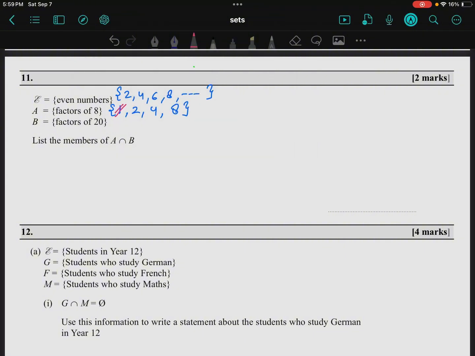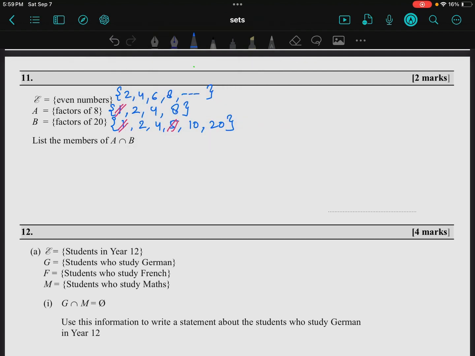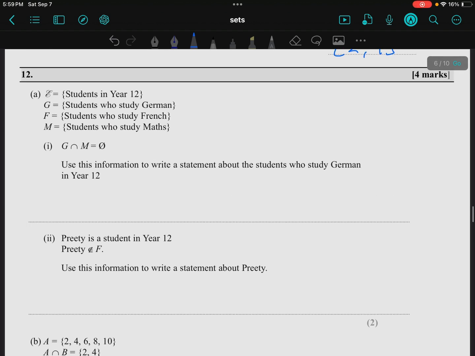Because it is not in the universal set. Similarly, factors of 20 are 1, 2, then 4, 5, then 10, and then 20. But we are not taking 1 here also. We are not taking 5 because it is not in the universal set. So the only common elements between A and B are 2 and 4. This is your answer.